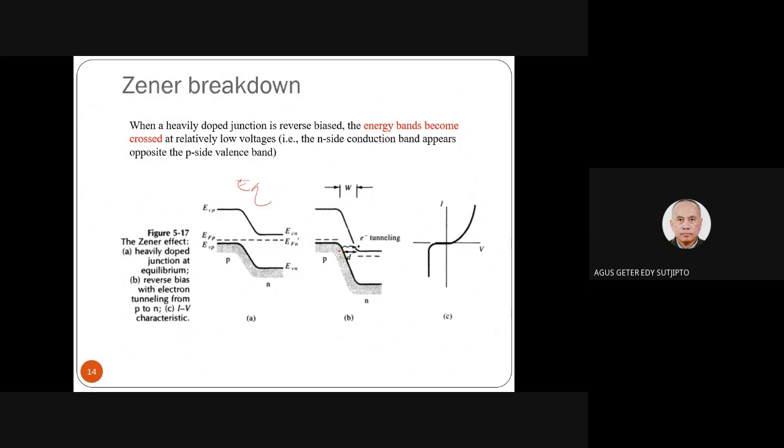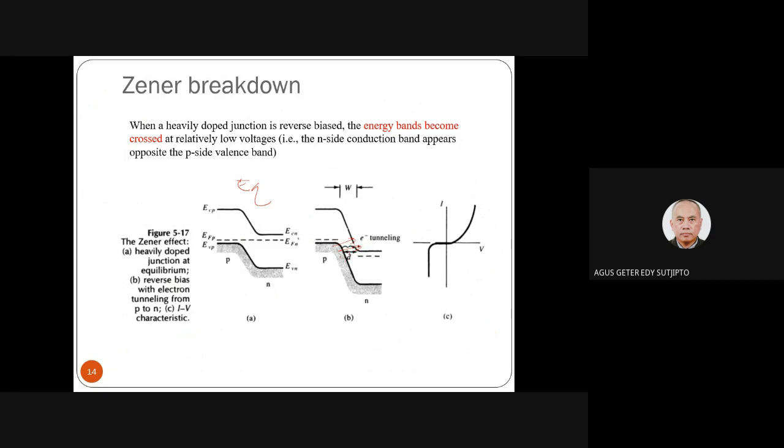Why does this happen? Because of the vibration of atoms, causing absorption of energy, the electron from the valence band is promoted to the conduction band, and we have the so-called Zener breakdown.